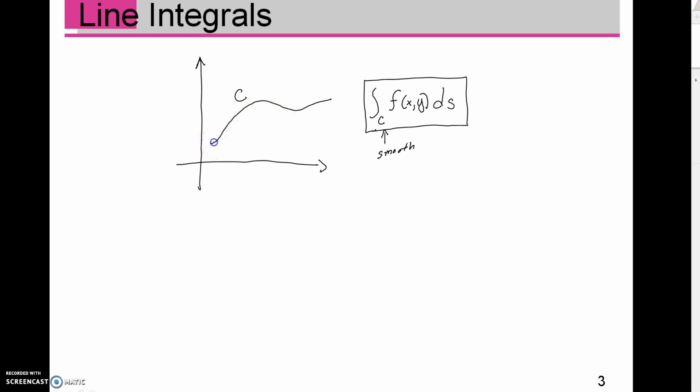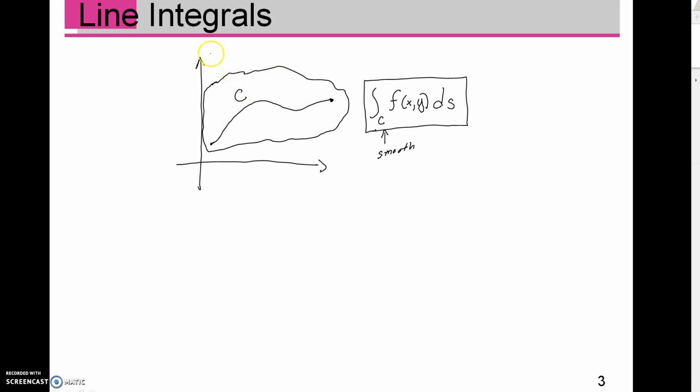When we talk about a line integral of f along C, what we can imagine is F's domain, with C being in F's domain. So we'll just say, for example, F's domain is something like this, the domain of F, a multivariable function.